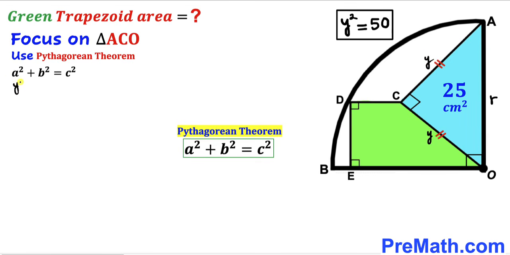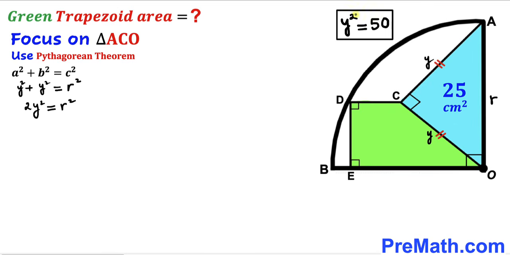So we got y square plus y square equal to lowercase r whole square. Now we can see our y square value is 50, so I'm going to substitute the value 50 over here, as you can see in this next step.